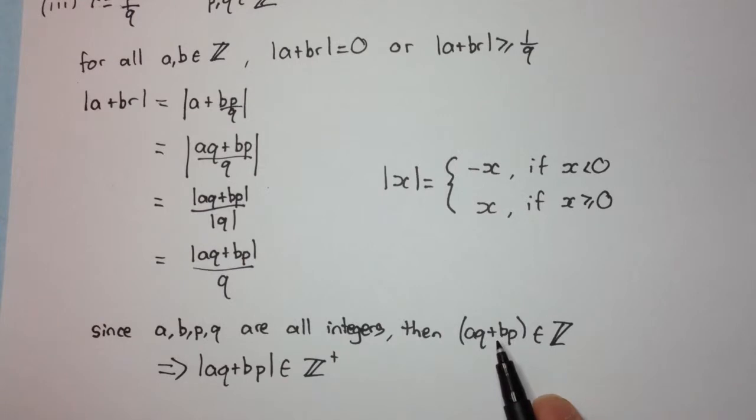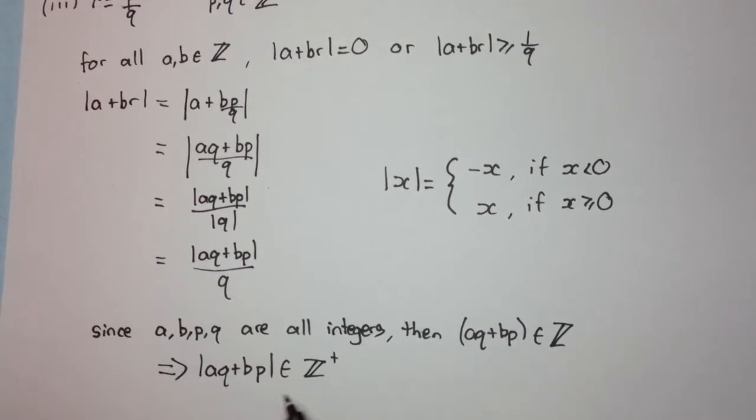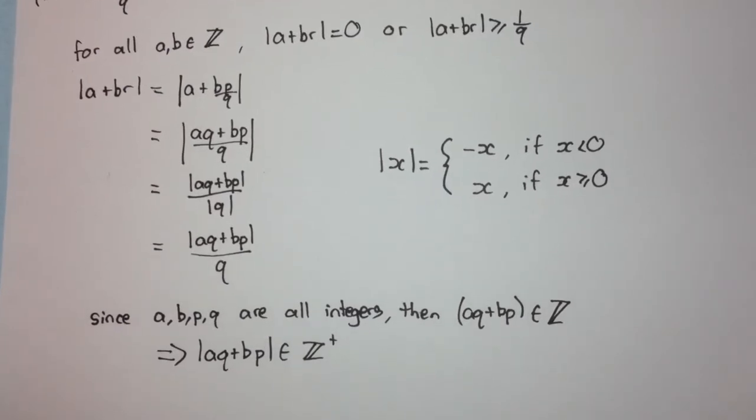If it was 5, the absolute value is going to be 5, and that's still a positive integer. Okay, so the absolute value of this integer, so this is always going to be a positive integer.